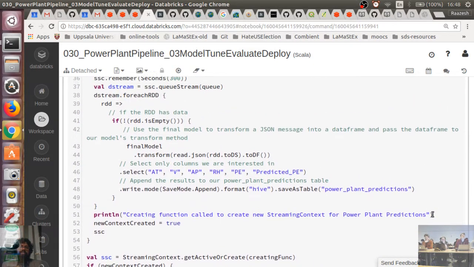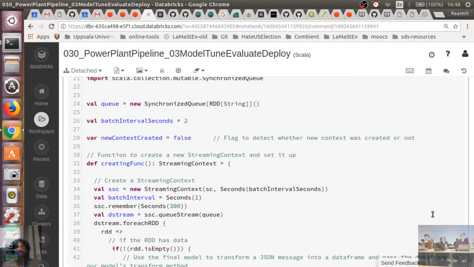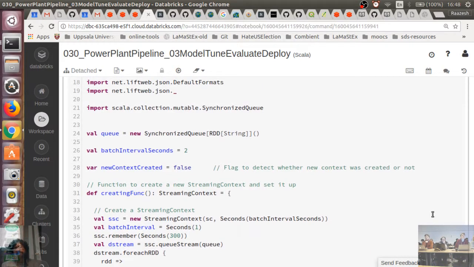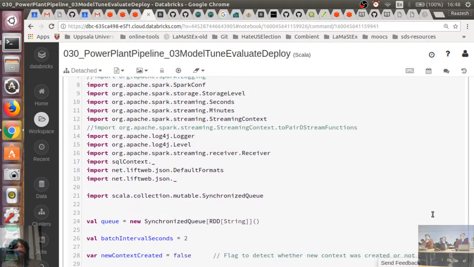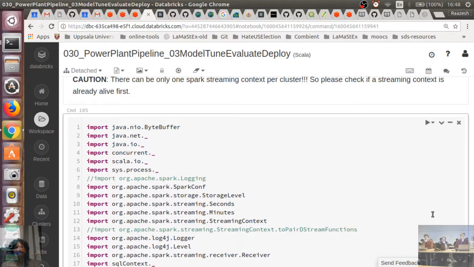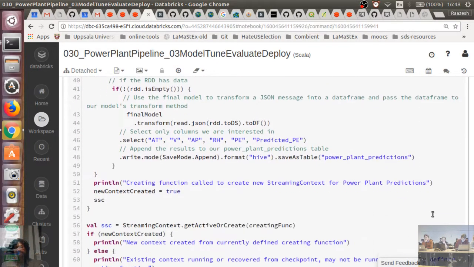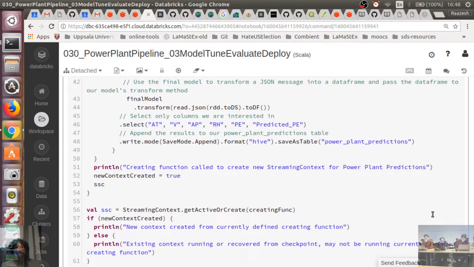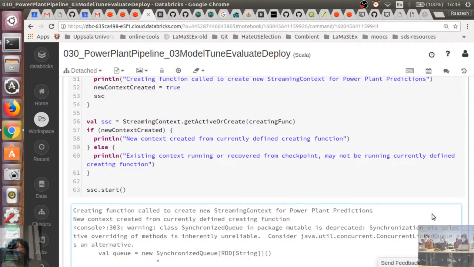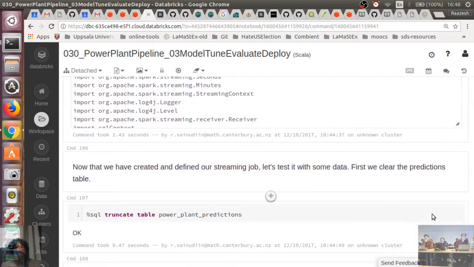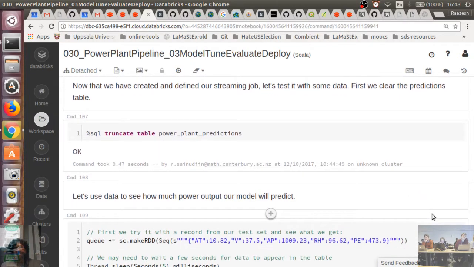Remember SSCs, so creating a function. We create a Spark streaming context, and we have to only have one streaming context per cluster, and then we can receive data from the client, and then reply.